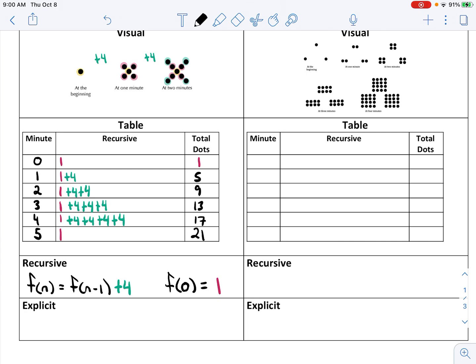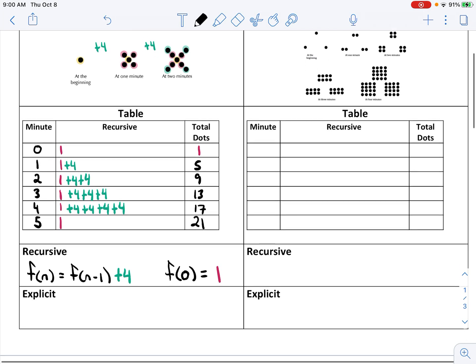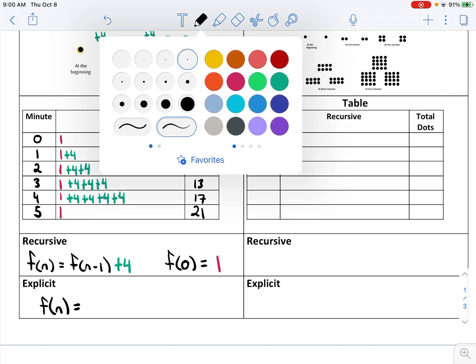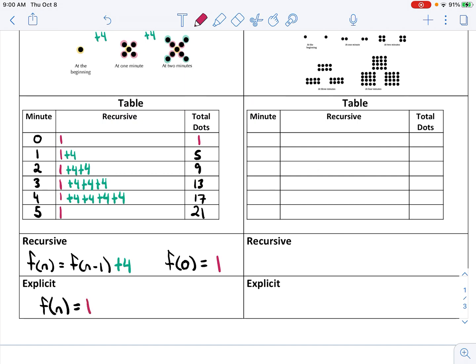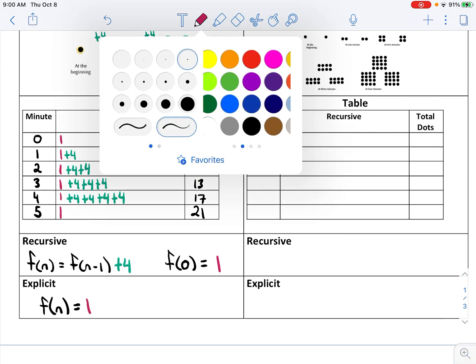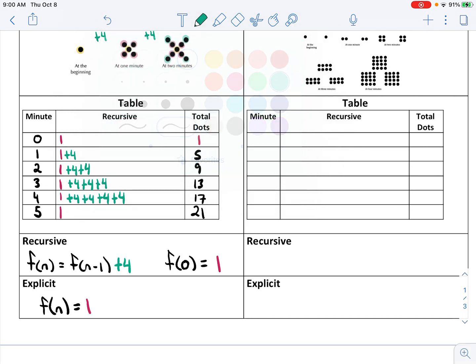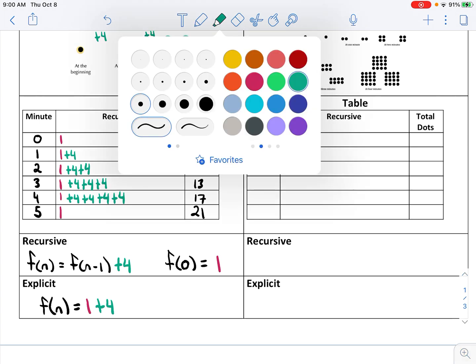In our explicit equation, we're going to have f of n equals our start value, which is 1, plus, and we're going to add 4. And the number of times we add 4 relates to our start value.